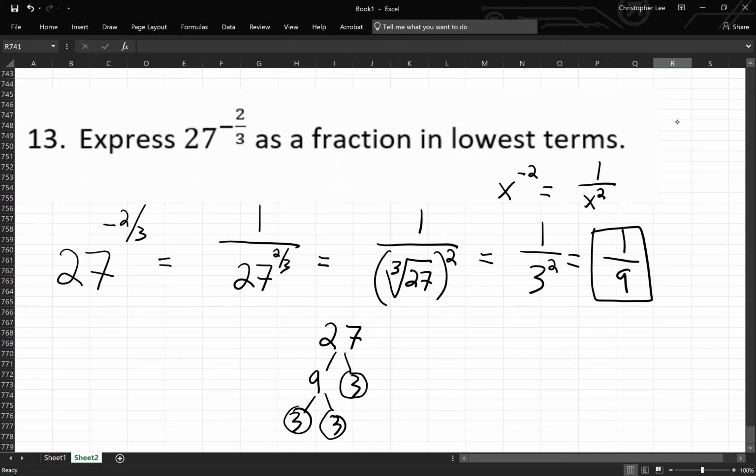So if I do the cube root of 3 to the third power, the cube root and the third power will cancel out, leaving back just 3. That's another way to get this 3 right here. Just in case you have a really, really large number, you're not going to have a large number for your test, but this is a way to do it.